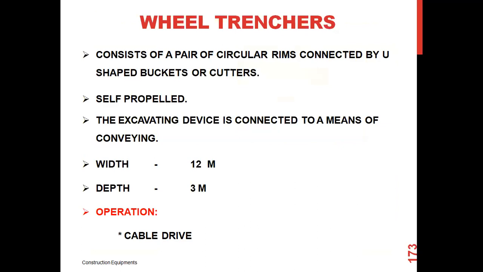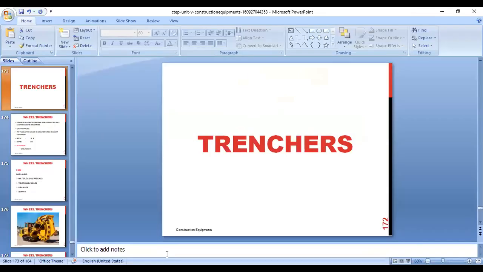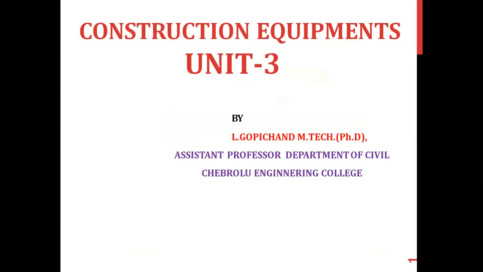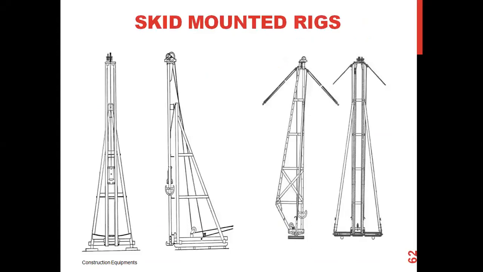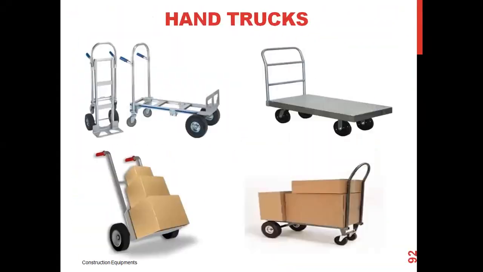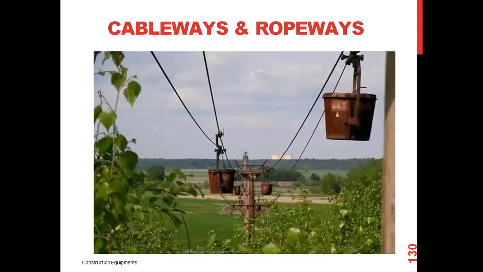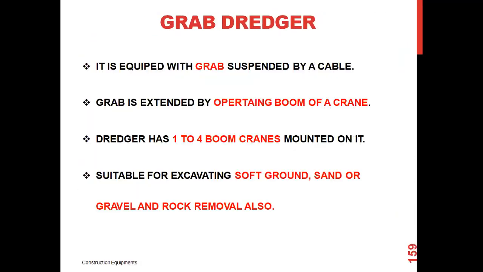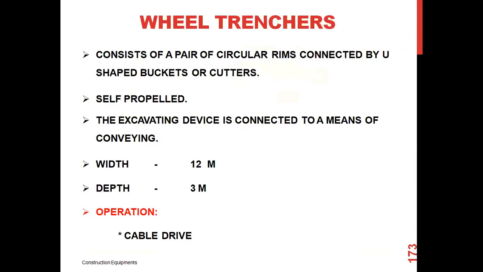Trenchers, wheel trenchers. Wheel trenchers consist of a pair of circular rims connected by U-shaped buckets or cutters.